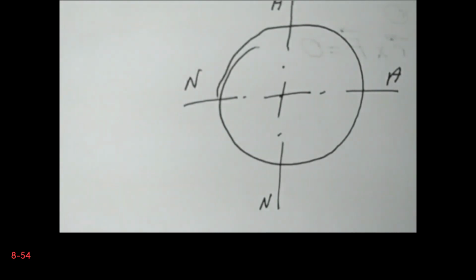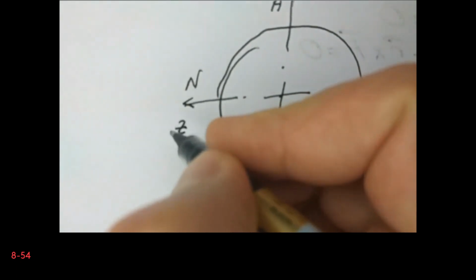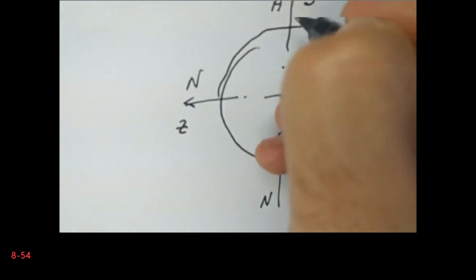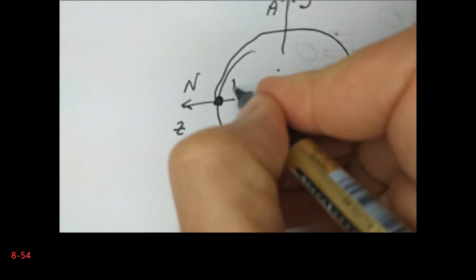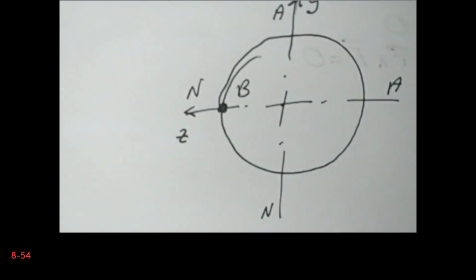So let's say that this is the z-axis, this is the y-axis, and this is where the point B is located. So we are asked for the stresses at point B. In fact, the shear force which acts on the z-axis will not generate any shear stress at this point.